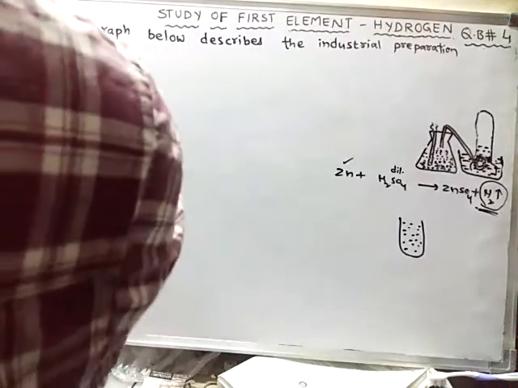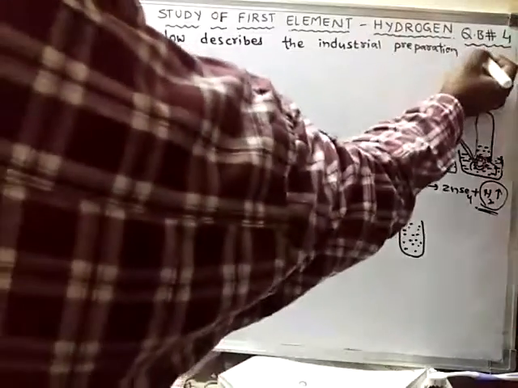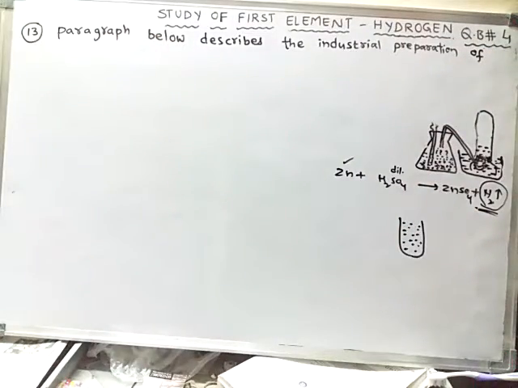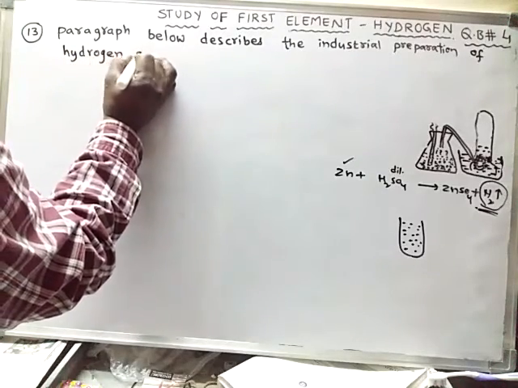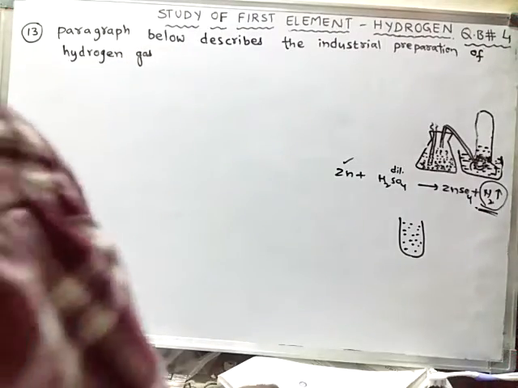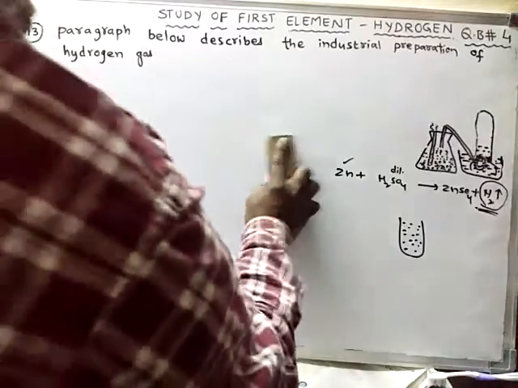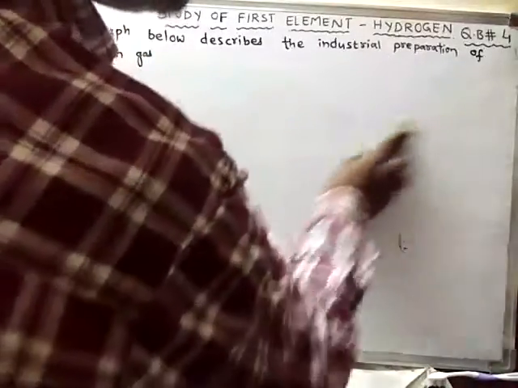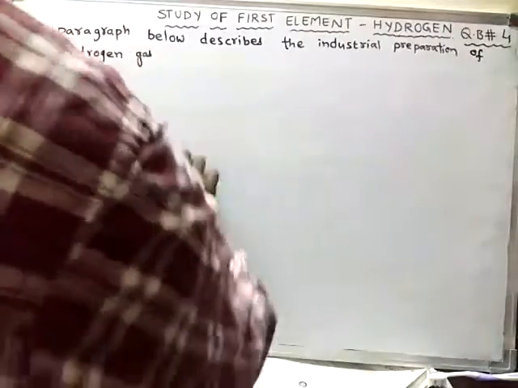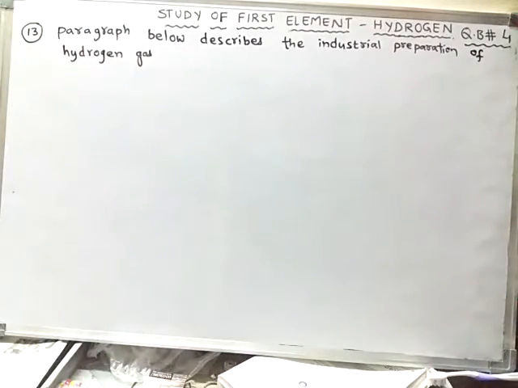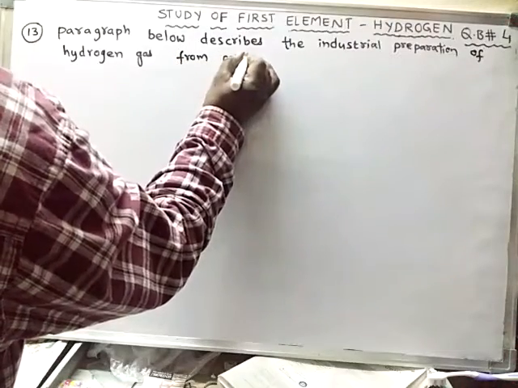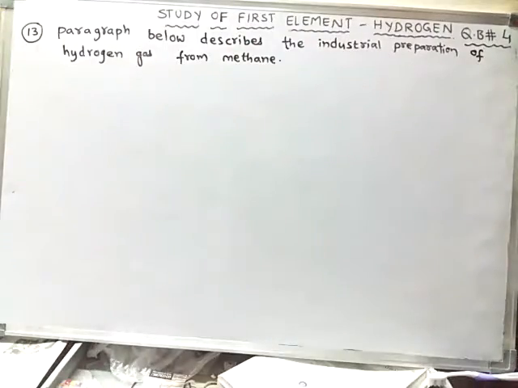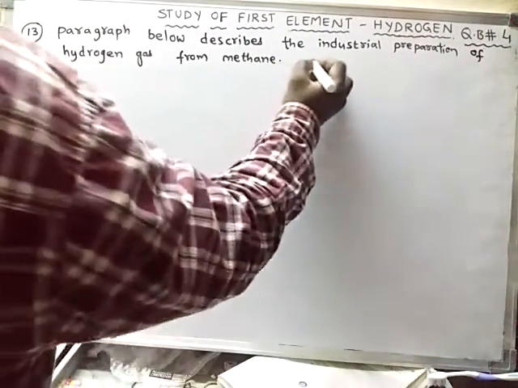So this question is related to the industrial preparation of hydrogen gas. Simply, I am removing this diagram, because this diagram is related to laboratory preparation. Now this question is related to industrial preparation of hydrogen gas from methane. Okay, so fill in the blanks.